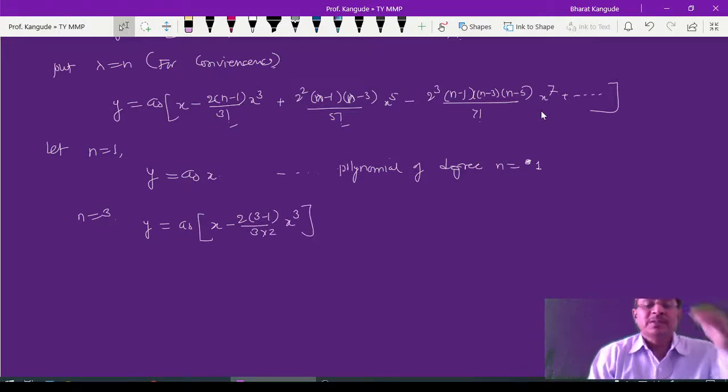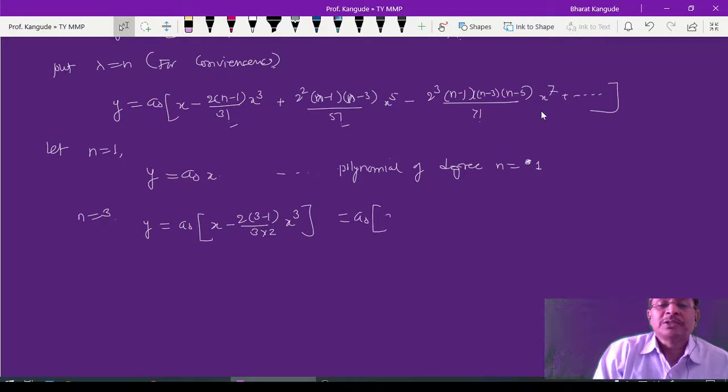The series will get terminated here, and rearranging, we get a0 outside: x minus, now 3 minus 1 is 2, 2 into 2 is 4, 4 upon 2 is 2. So this gives me 2 by 3 times x cube. So this is my polynomial of degree n is equal to 3.